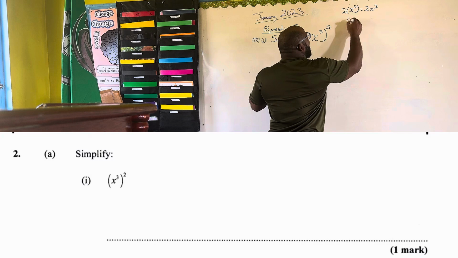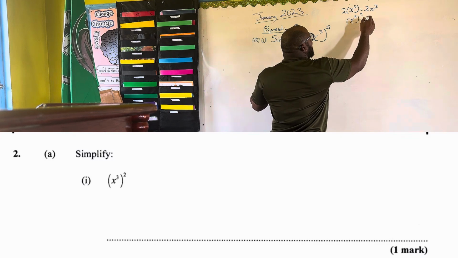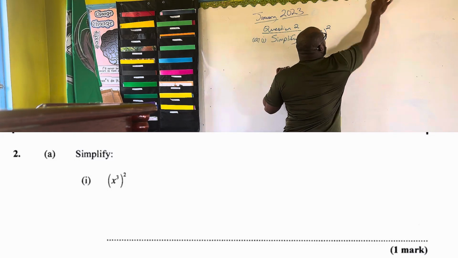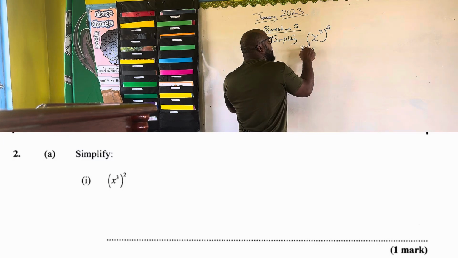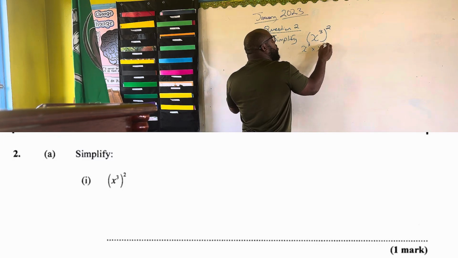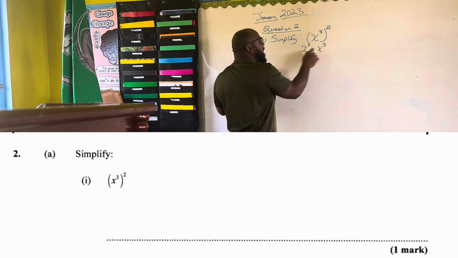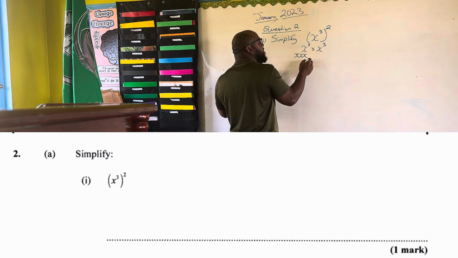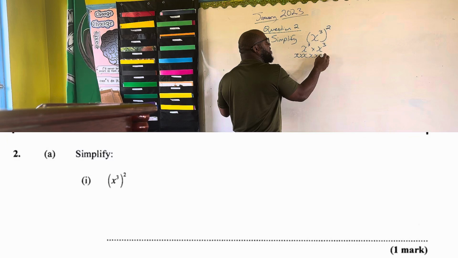But if I say x cubed with a square up here, this is saying x cubed by x cubed. Really, x cubed by x cubed is x times x times x times x times x times x.